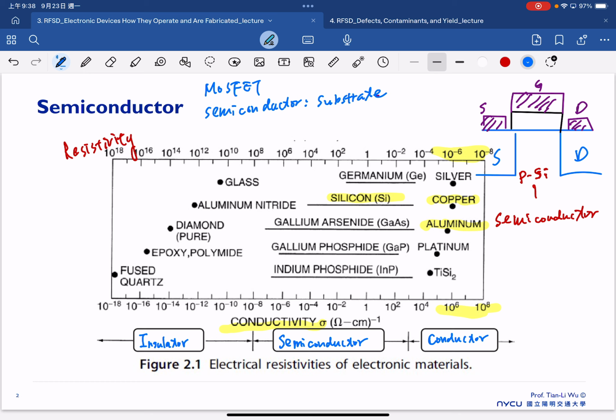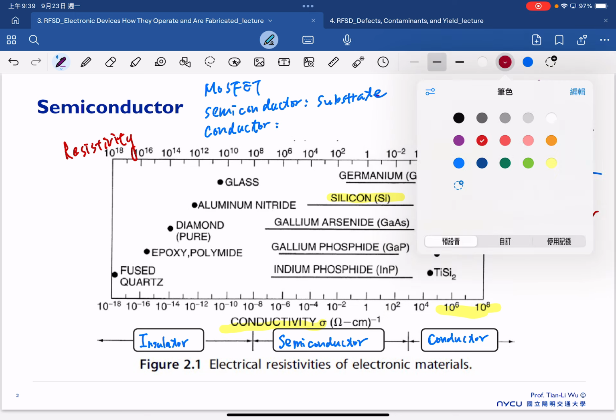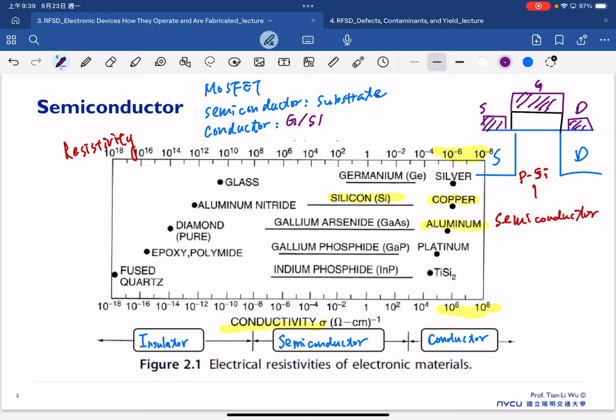So the substrate is based on the semiconductor materials. And in addition to the semiconductor, we also need to have the conductor. So that would be the gate, source, and drain metal. So basically, we will still need to have the conductor in this region.